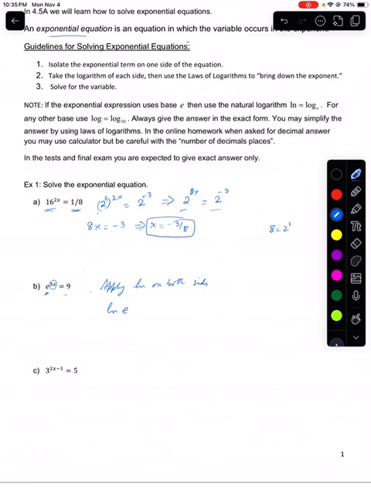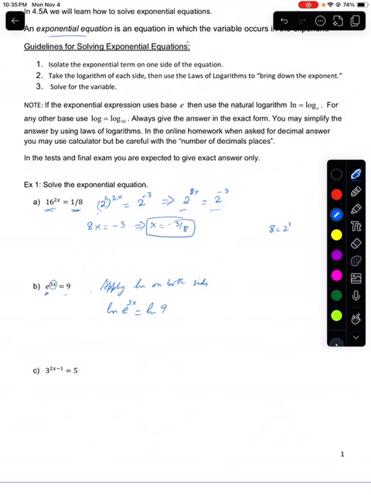I get ln e to the 3x equals ln of 9. Now what is ln of 9? We don't know. The only way we can know is by using the calculator, but the calculator is not allowed.